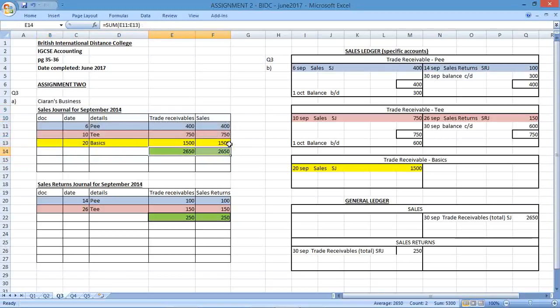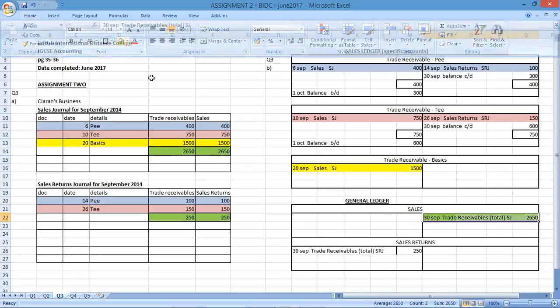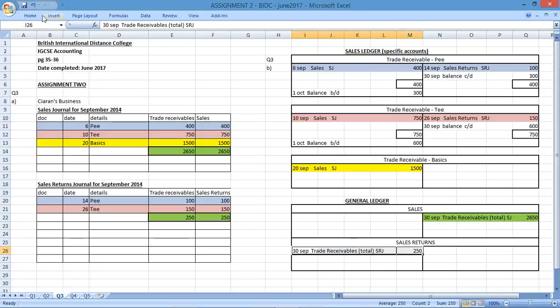So you have multiple transactions being represented by one total, and those totals are what we actually record in the general ledger. So here the general ledger is going to show the trade receivables of 2650 as well as sales returns of 250. And this should balance.